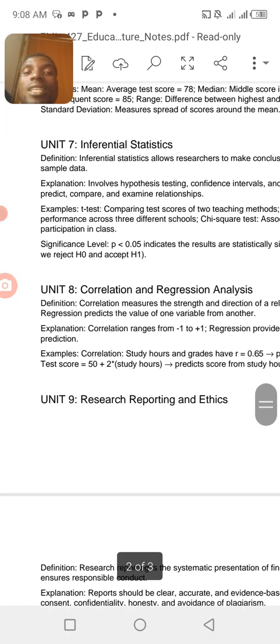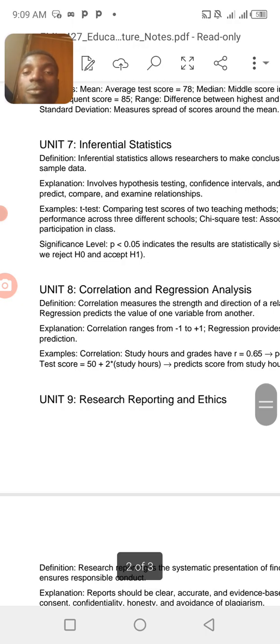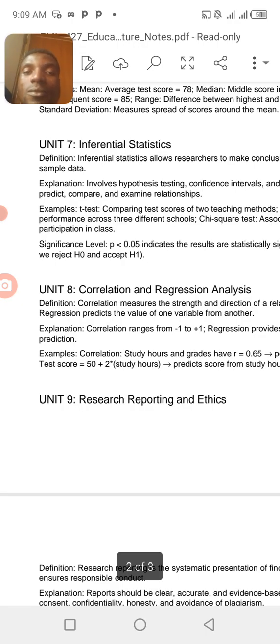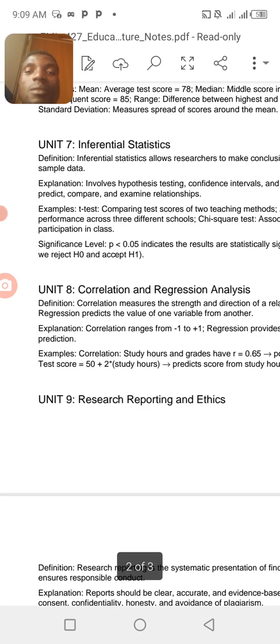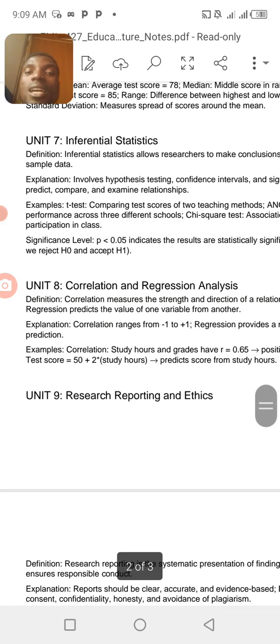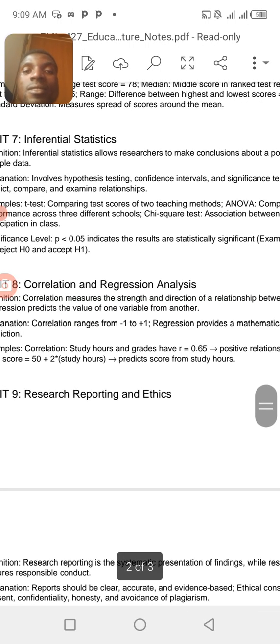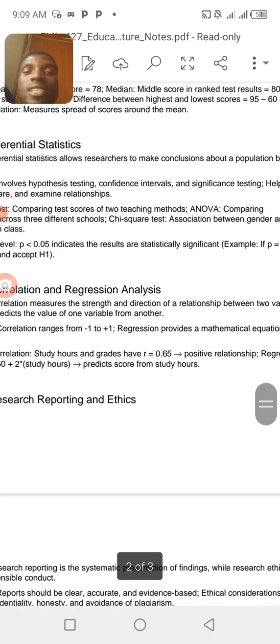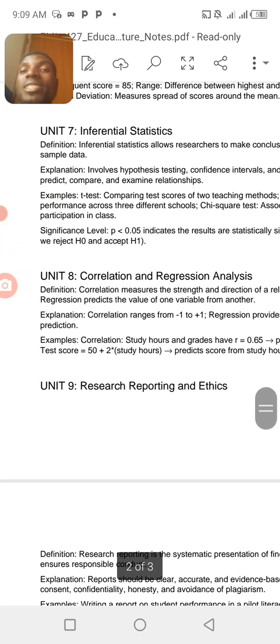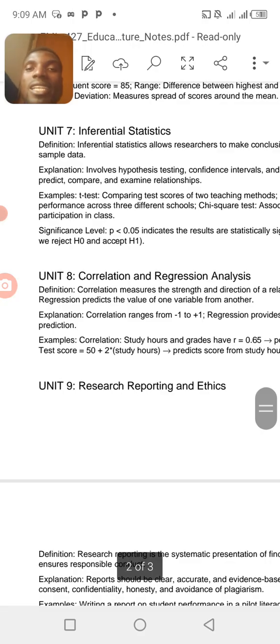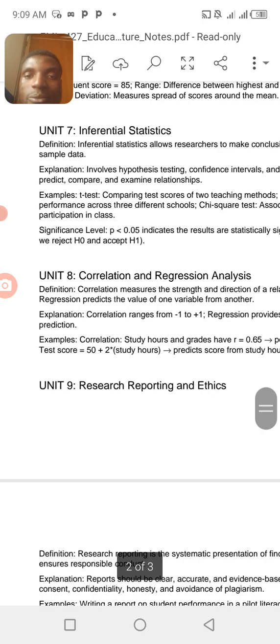So it allows us to draw a line and say this is that. For example, it involves hypothesis testing, confidence intervals, and significance testing. It actually helps us to predict, can you see now, compare and examine relationships.